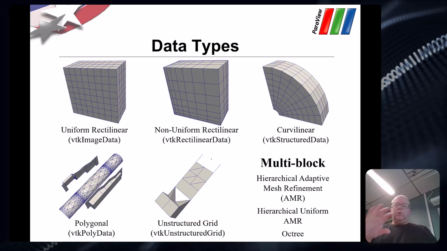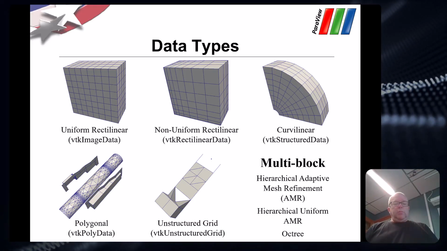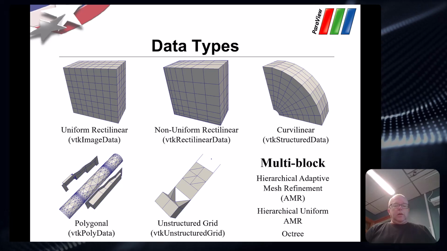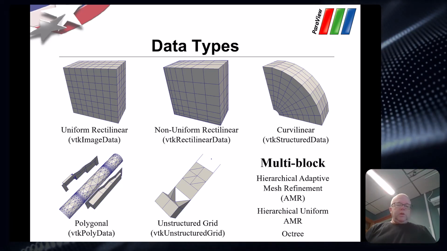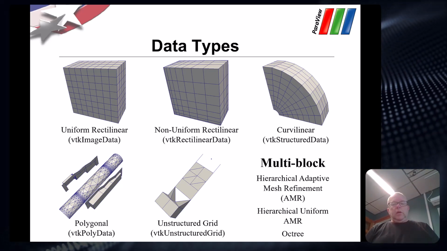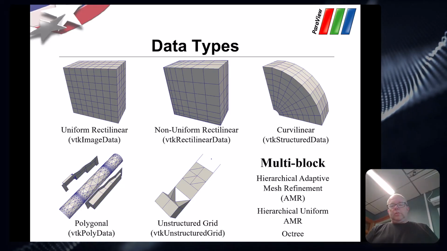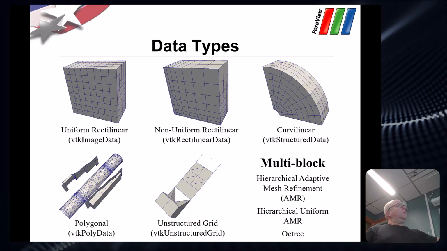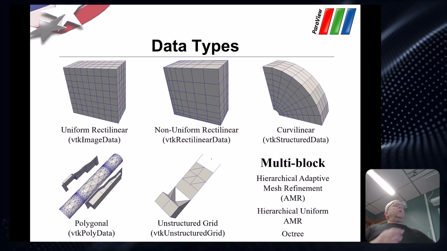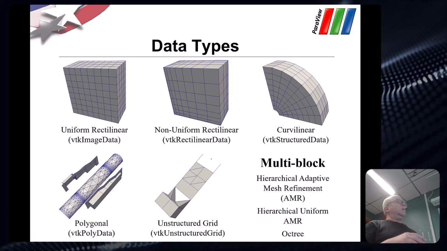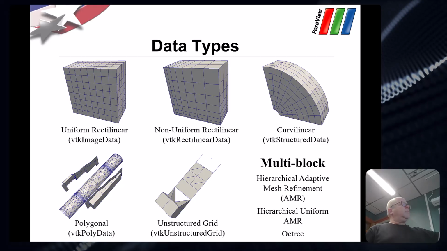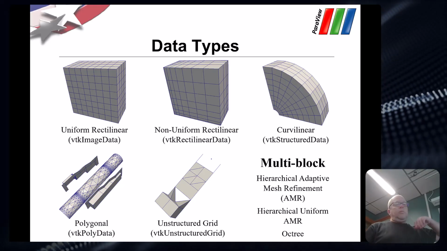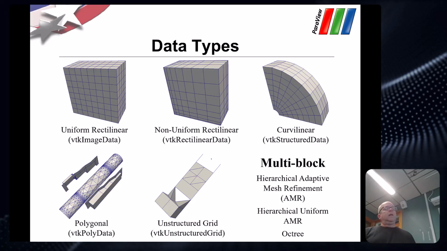You could have a curvilinear grid, and you can have polygonal data structures, like finite element meshes and that kind of data. And you can have completely unstructured grids. Depending on which kind of data structure, certain visualization algorithms can be used. For unstructured grids, you have a more limited set of algorithms. If you go for the uniform rectilinear grid, you have a lot of different algorithms to use.